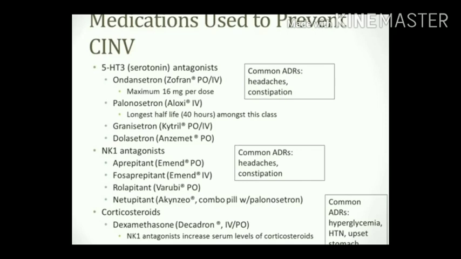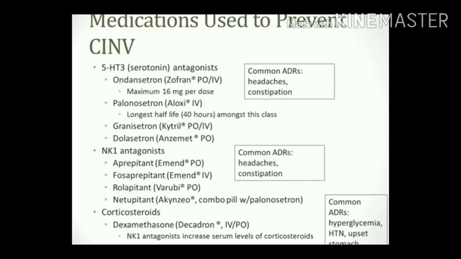Along with the 5-HT3 antagonists, we use NK1 antagonists because they increase the efficacy in preventing nausea and vomiting. Drugs such as aprepitant, fosaprepitant, rolapitant and netipitant.